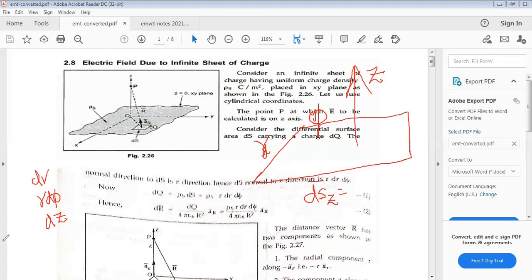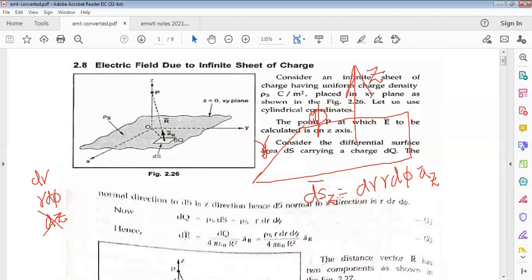So ds z bar is equal to only the remaining two, dr into r d phi a z bar, because it is in the z bar direction. Okay, my dear students. ds z bar is equal to dr into r d phi a z bar.